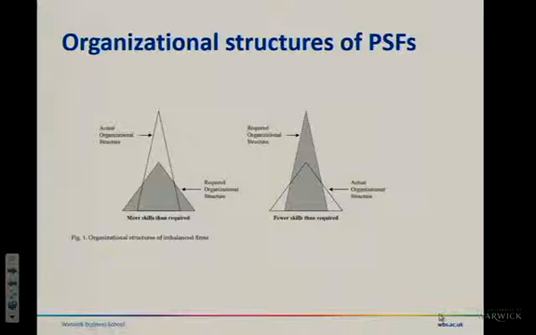So moving from one side to the other in order to match these two aspects creates a lot of tension because you cannot go and find new people in the market immediately. It's a long-term process, and many times this long-term process is not aligned with the demands from the market.